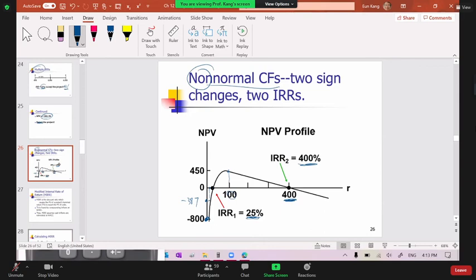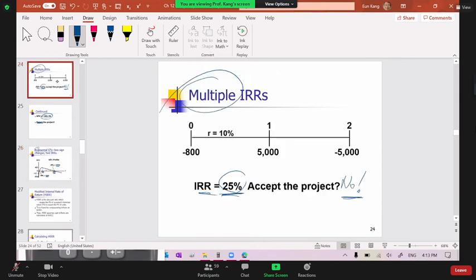So let's go back to here. That means this project, look at this project: minus 5,000, plus 5,000, but this is year 2. If your cost of capital is high, then what?